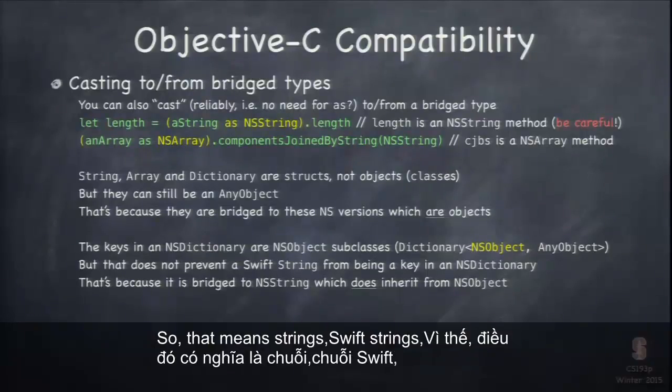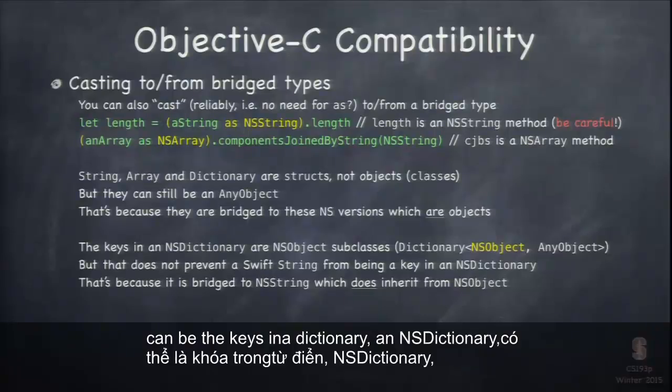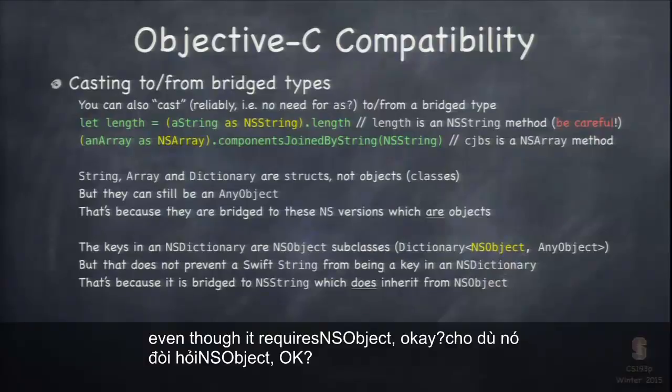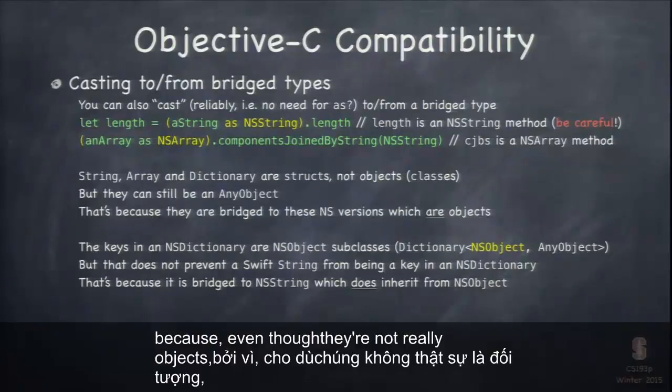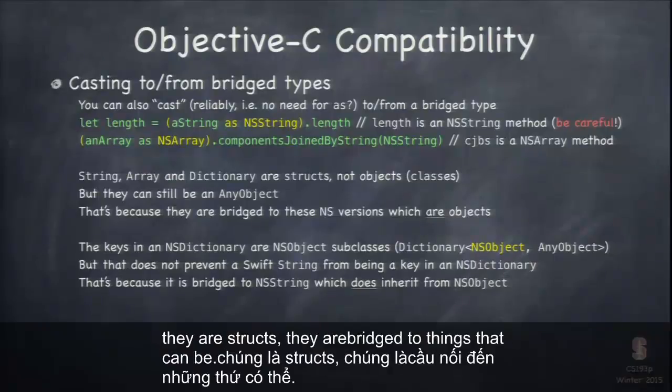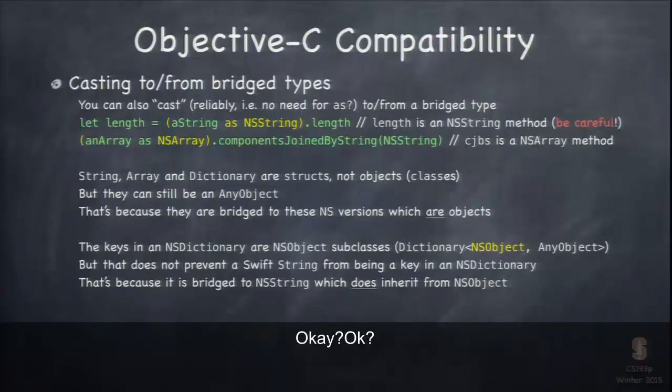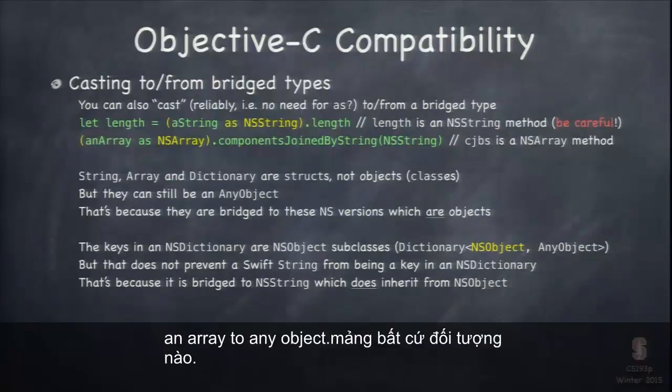So that means Swift Strings can be the keys in an NSDictionary, even though it requires NSObject. And all three of them can be the values because even though they're structs, they are bridged to things that can be. So it is okay to pass a String or an Array to AnyObject.